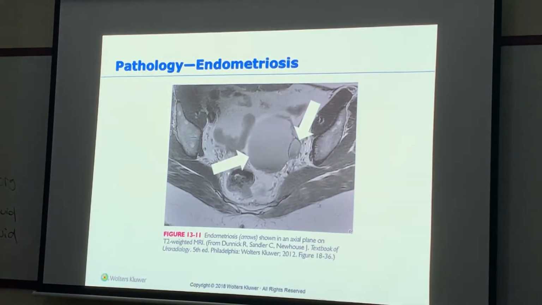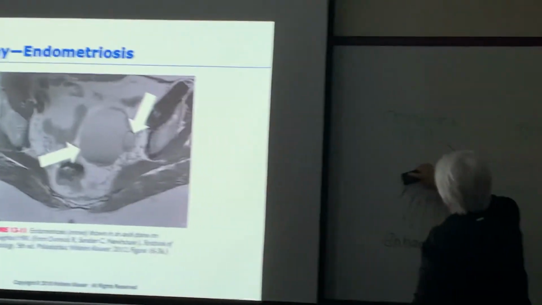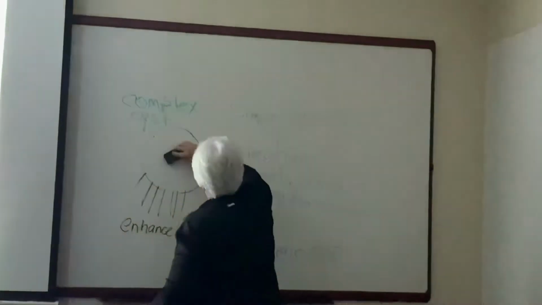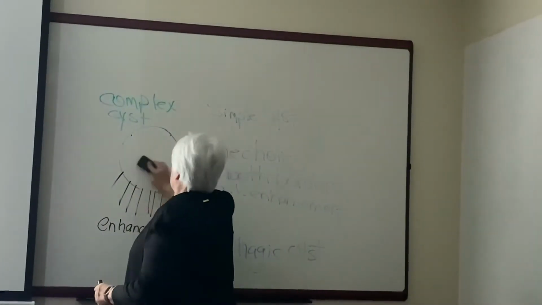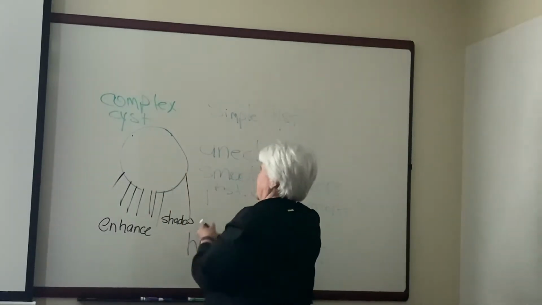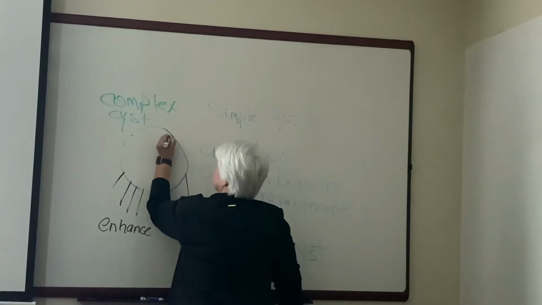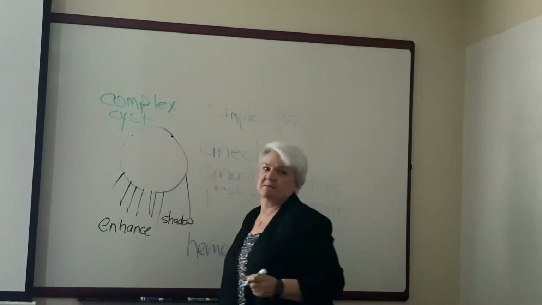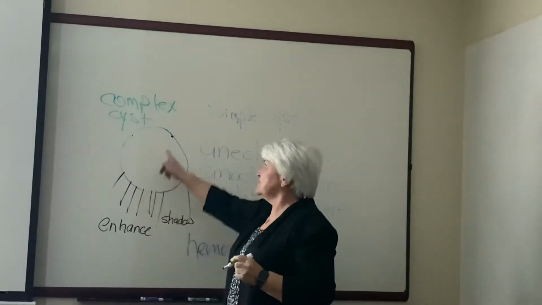A chocolate cyst. And how am I going to determine a chocolate cyst? This is going to be solid, and I'm gonna have an echogenic foci. How am I gonna find that little thing?